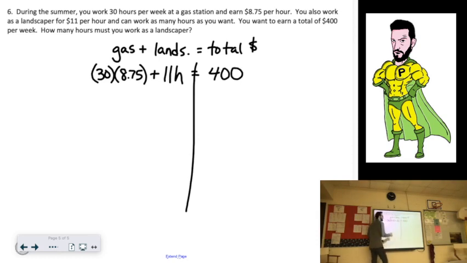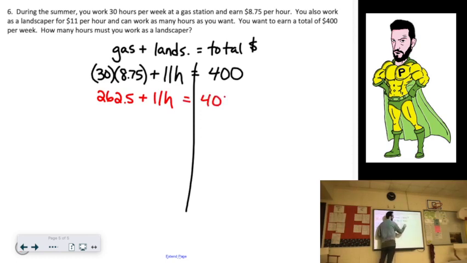So if you're looking at the left, what can we do on this? We can do 30 times $8.75. Let's see what that is. Oh goodness. 30 times $8.75 is $262.50. You could write 0.50 if you want, but we're going to get rid of that on our next step anyway. And you might be wondering, how will we get rid of that?